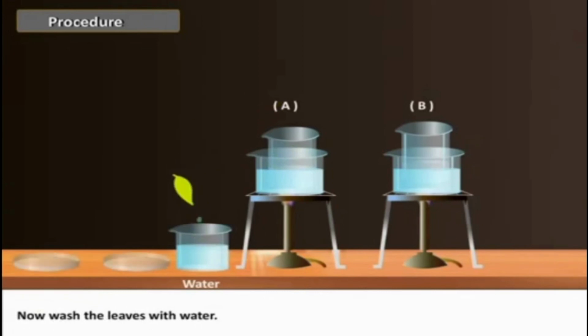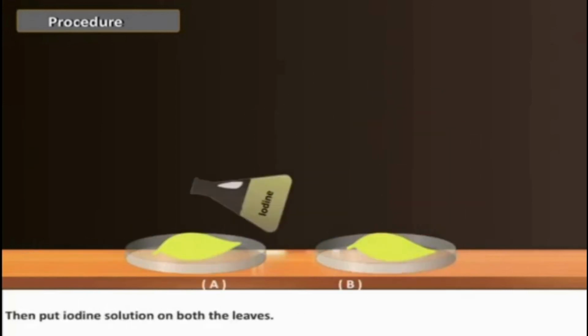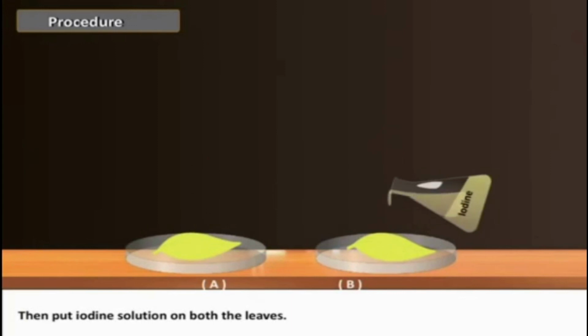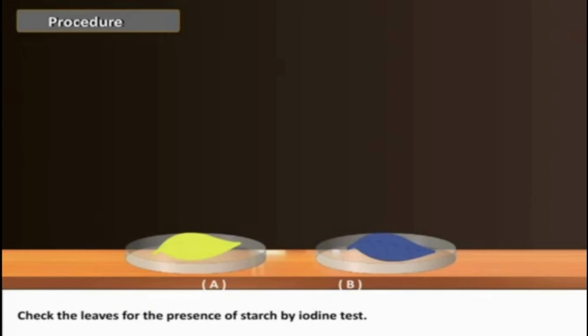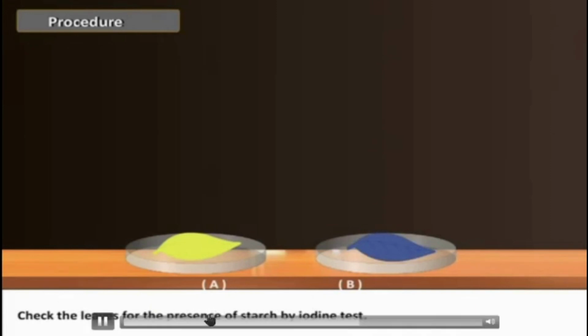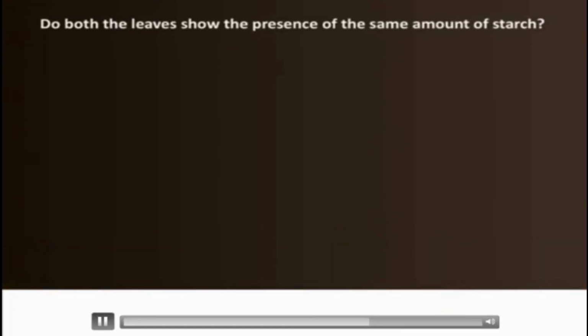Now wash the leaves with water. Then put iodine solution on both the leaves. Check the leaves for the presence of starch by iodine test. Do both the leaves show the presence of the same amount of starch?